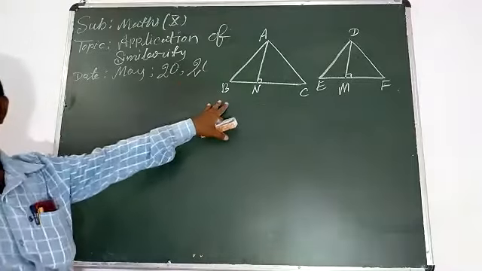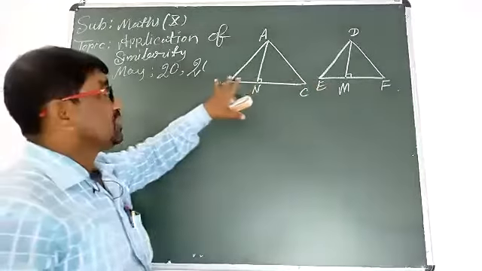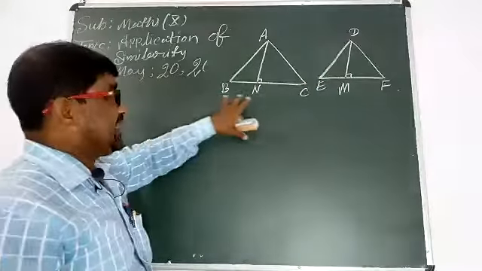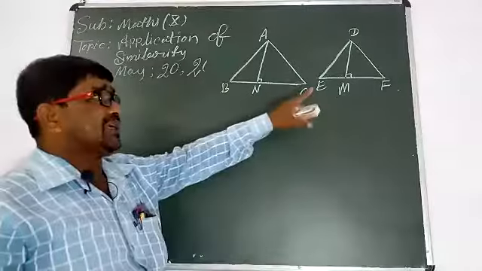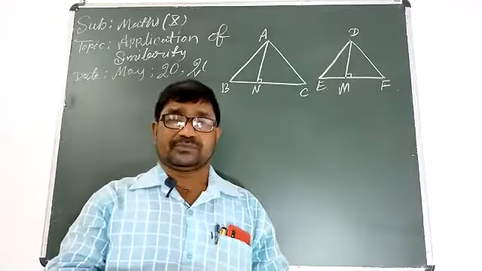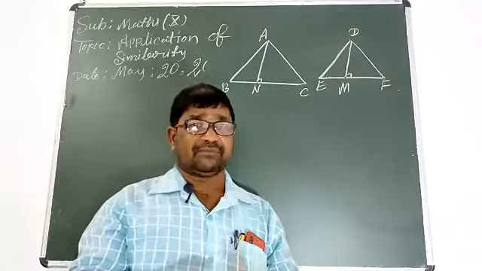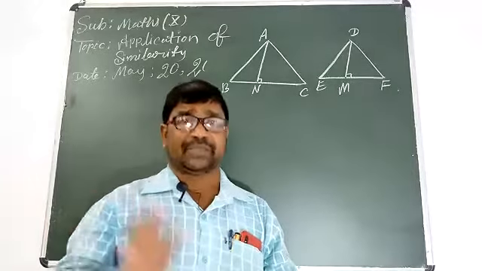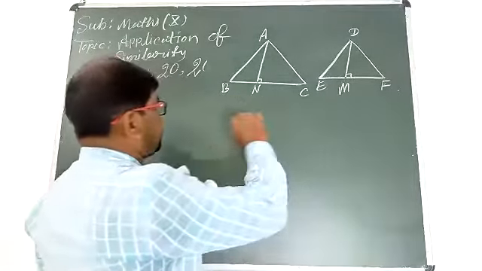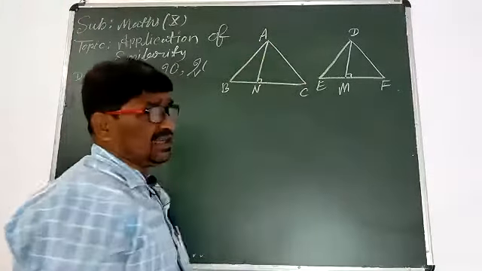According to the statement, these are two triangles and these two are equiangular: triangle ABC and triangle DEF. Understand this word equiangular: the triangles having all angles of equal measurement are equiangular. In triangle ABC, the measure of angle A equals angle B equals angle C equals 60 degrees.